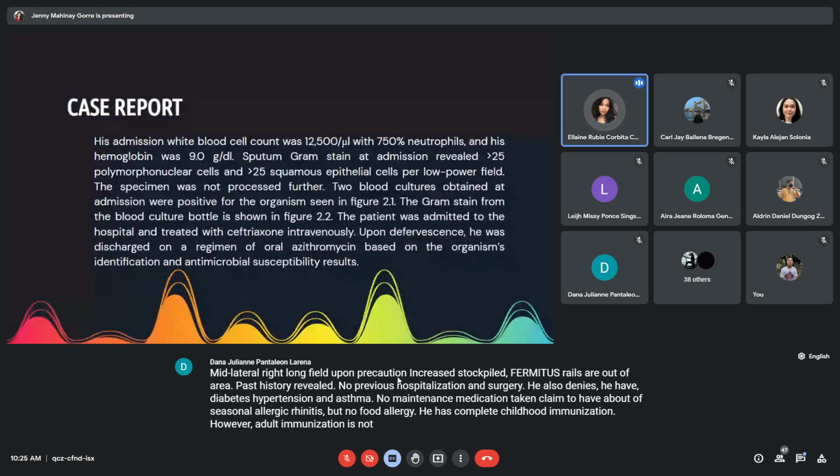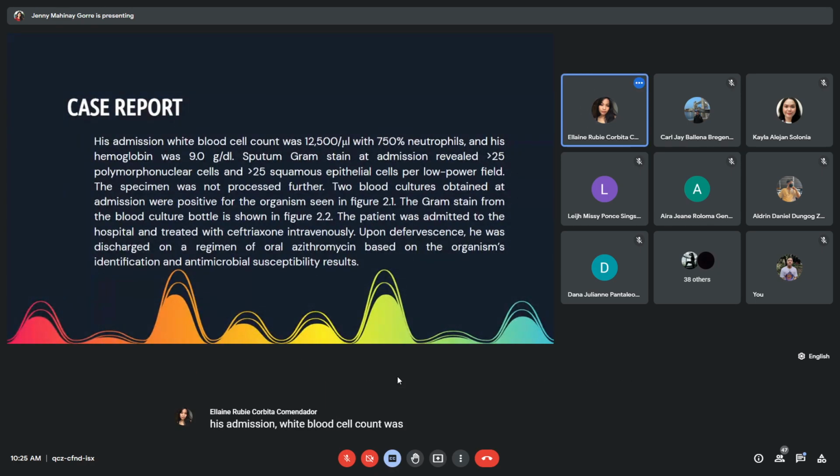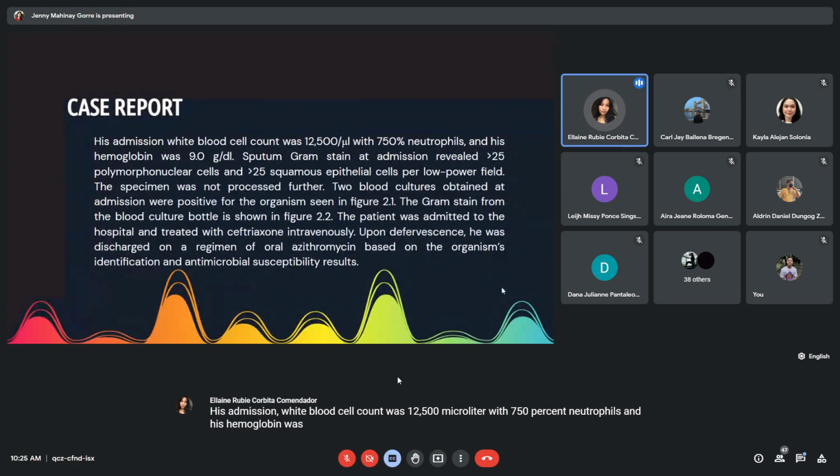His admission white blood cell count was 12,500 per microliter with 75% neutrophils, and his hemoglobin was 9.0 grams per deciliter.